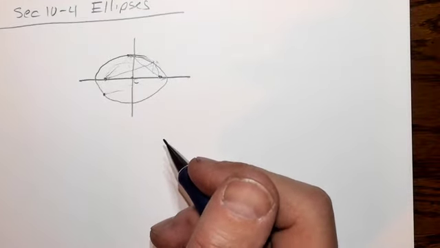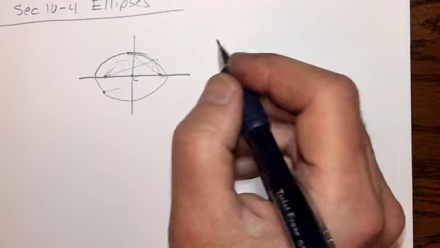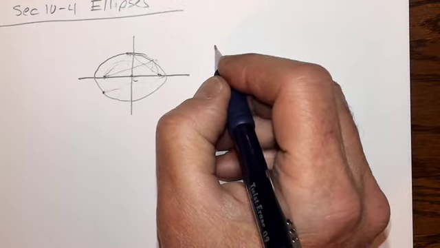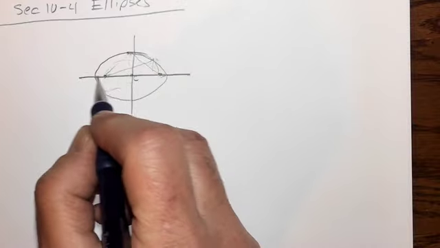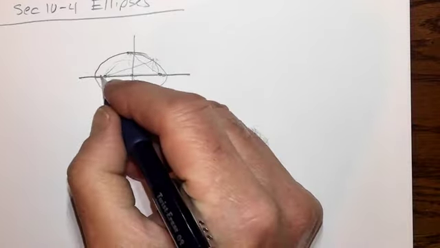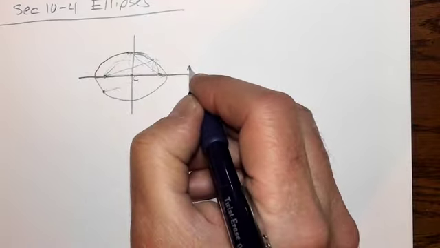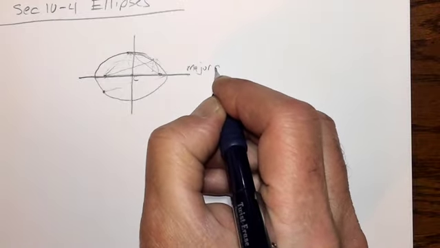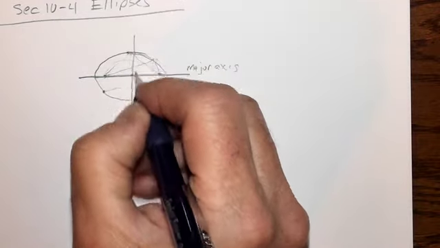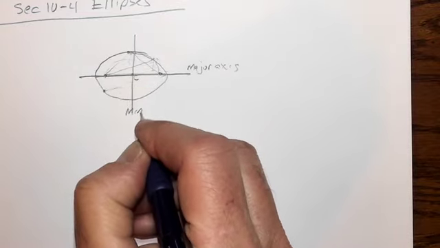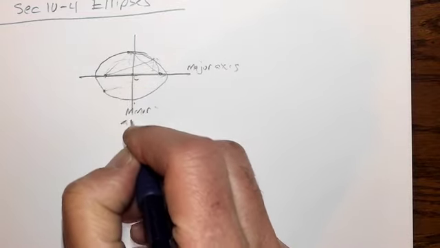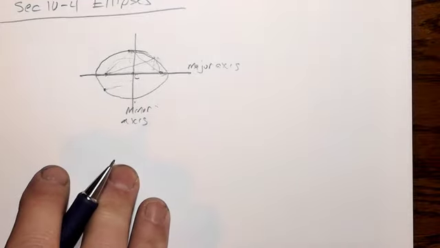And just like the equation of a circle, ellipses have a standard equation. The long direction of the ellipse is called the major axis. This shorter length right here is called the minor axis. Now that can go either direction.